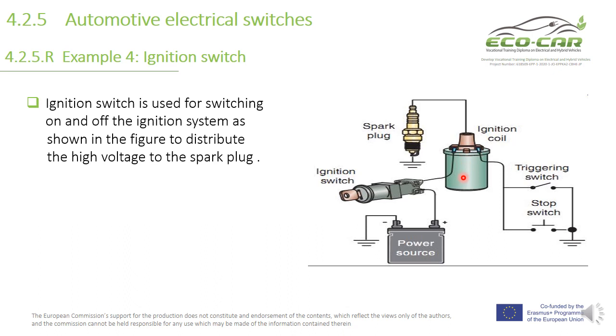So in this case, we have here a step-up transformer to transform the low voltage to high voltage to the spark plug when the switch is on. These are the main components of the ignition switch or ignition system.